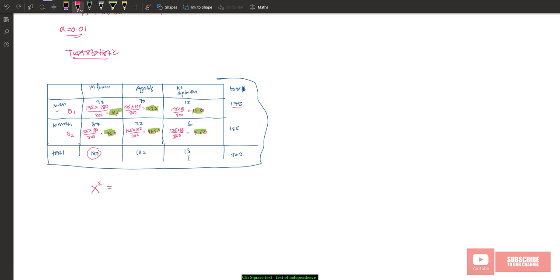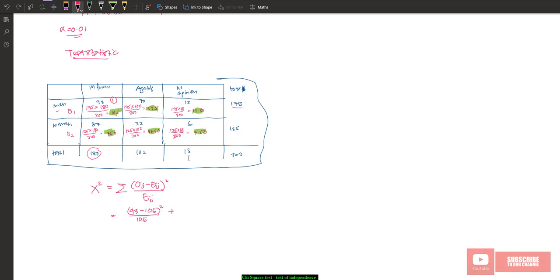Calculated chi-squared is the summation of observed frequency ij minus expected frequency, squared, divided by the expected frequency. So this one should be observed frequency for the first cell, observed frequency 93 minus 105, and then we square it, divided by the expected frequency 105. So this is for the first cell.